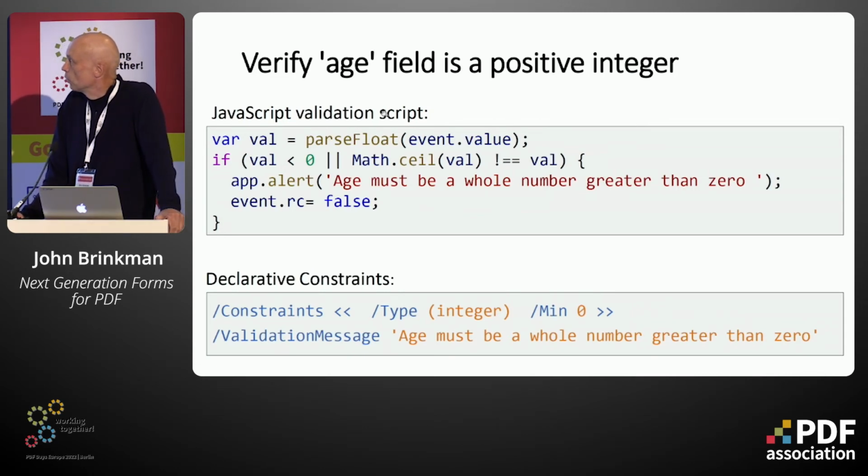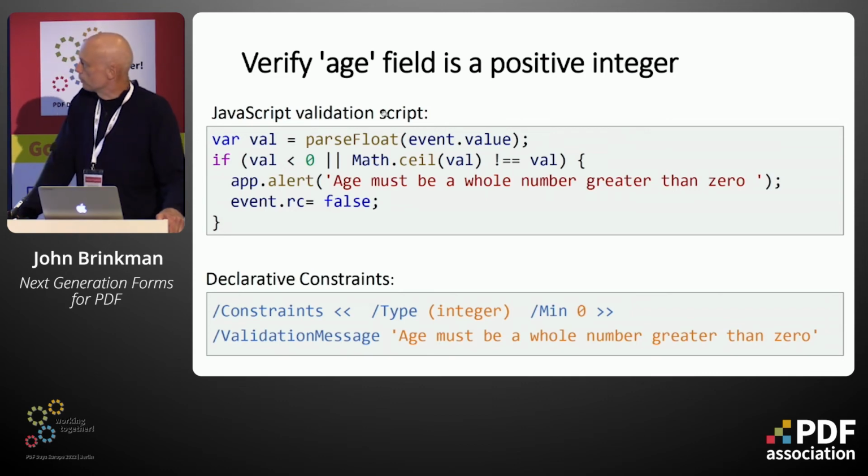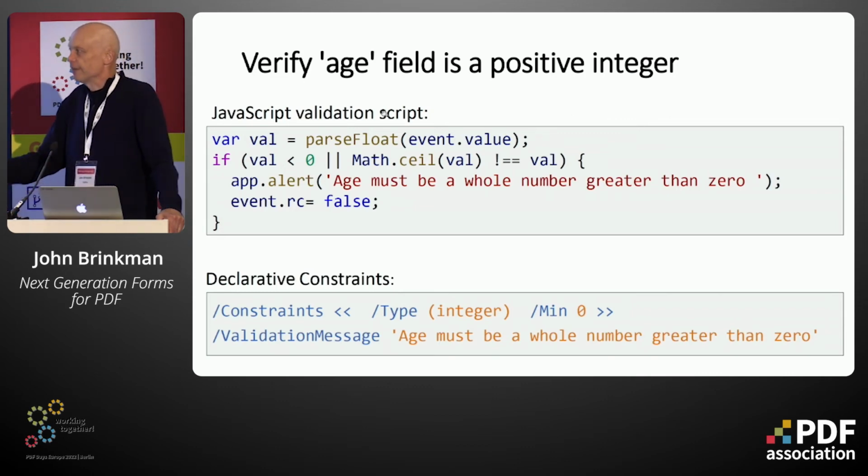Whereas now we have enough expressive constraints that we can do all this without any script at all, right? We can just say in the constraints dictionary that it's of type integer and that the minimum value is 0. And we can also provide a validation message. So there'll be no more app alert. We'll emit an invalid event if it fails, and then it'll be up to the host application to determine how best to convey that validation message to the end user.